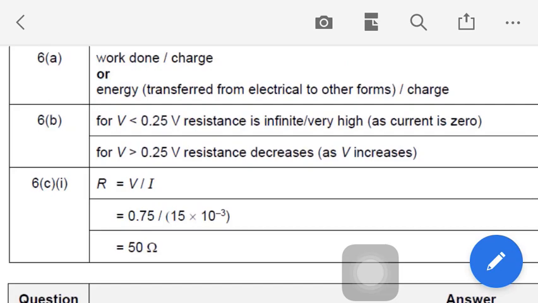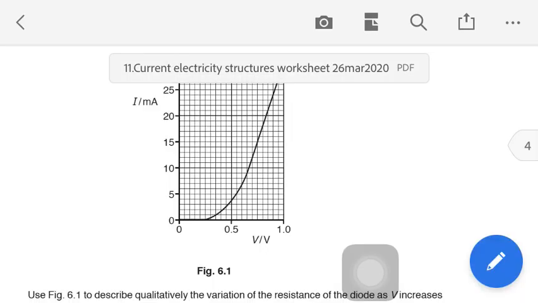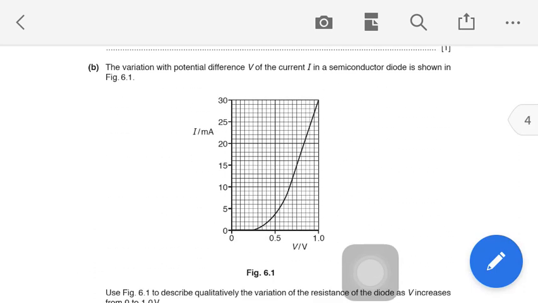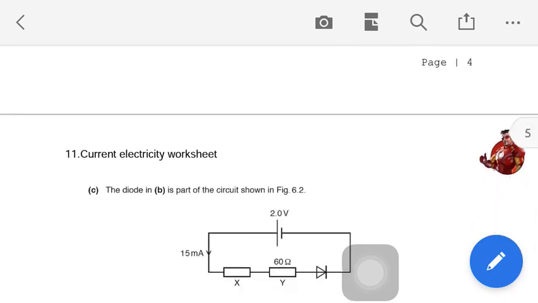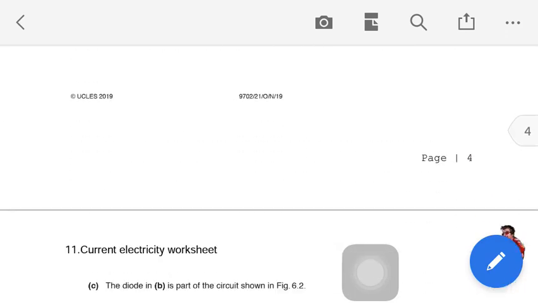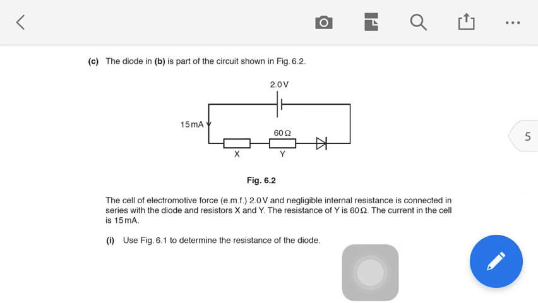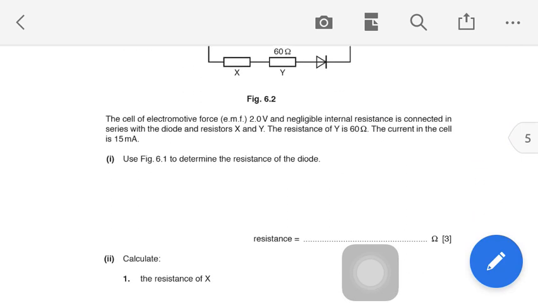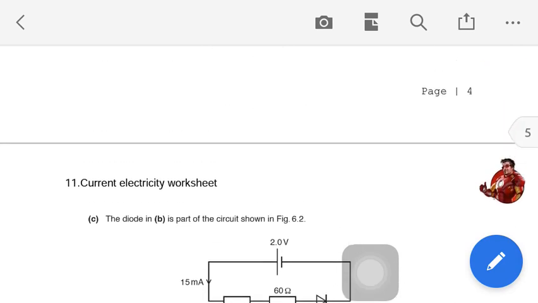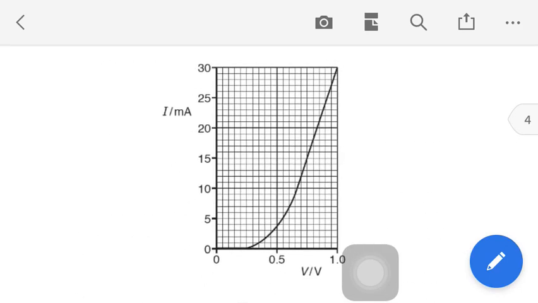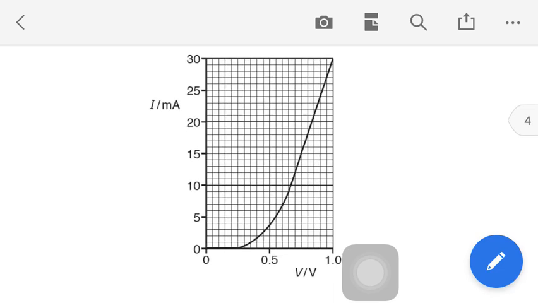Then again, the C part is also very similar, because both of these papers belong to the same series, so some of the parts are very similar. They're asking you in the C part, the first question, use figure 6.1 to determine the resistance of the diode. Just like that 1B question, to find the resistance, you need to find the voltage and current.